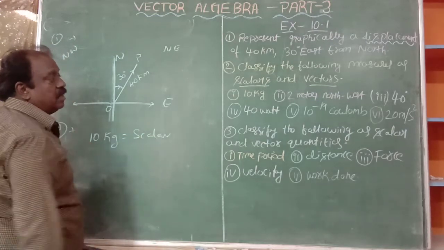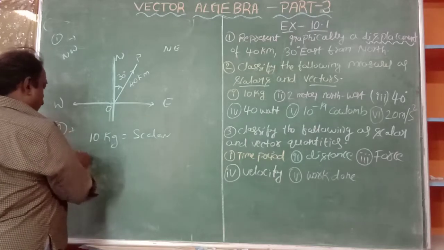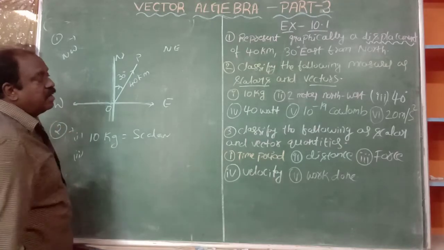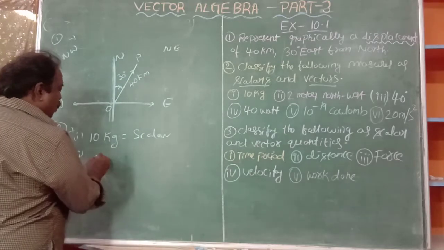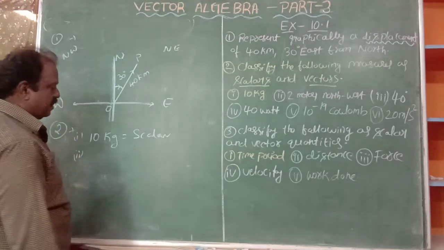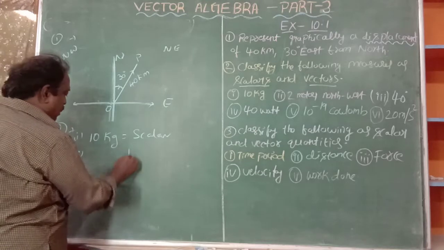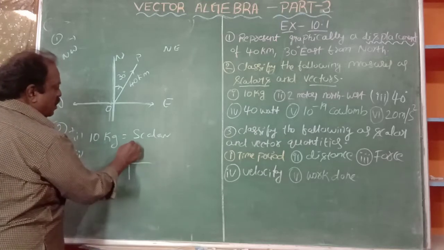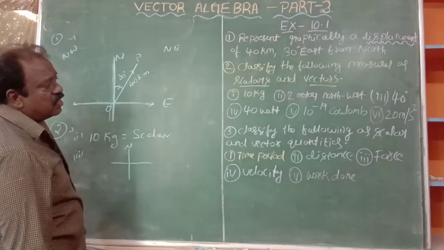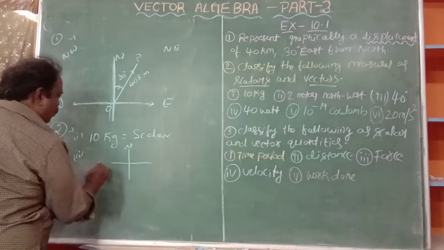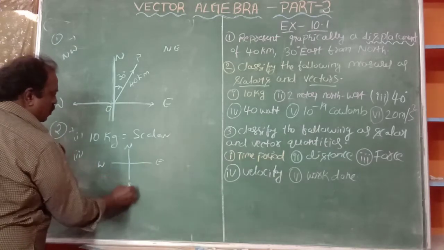Now next, second one. What is the second one? 2 meters northwest. Here also it is the same thing. This is north and here it is northwest. This is west, east, south.